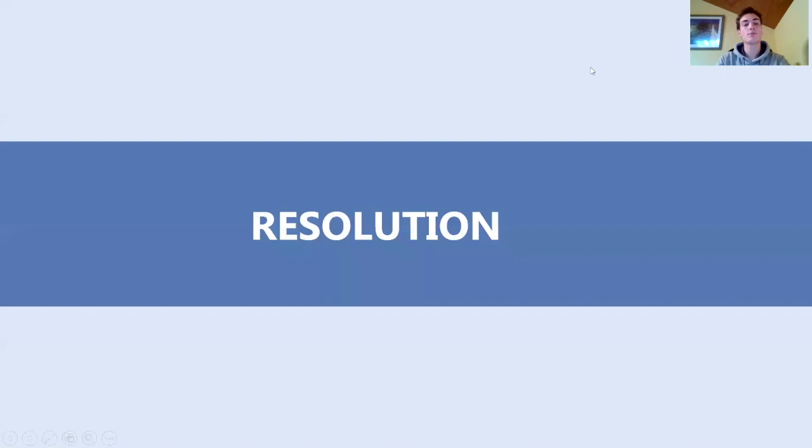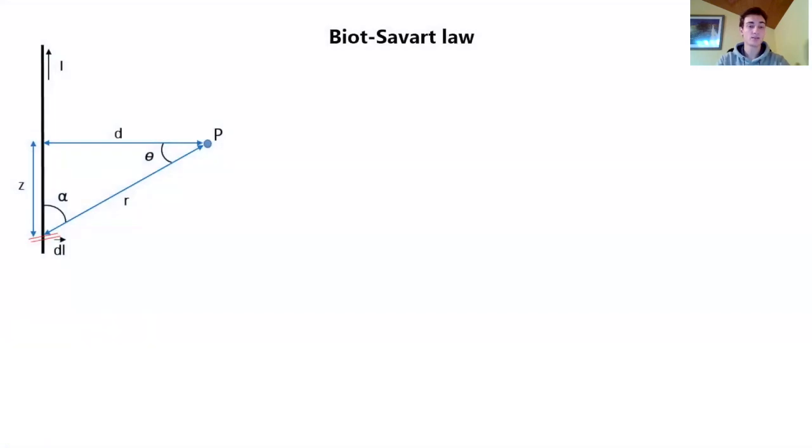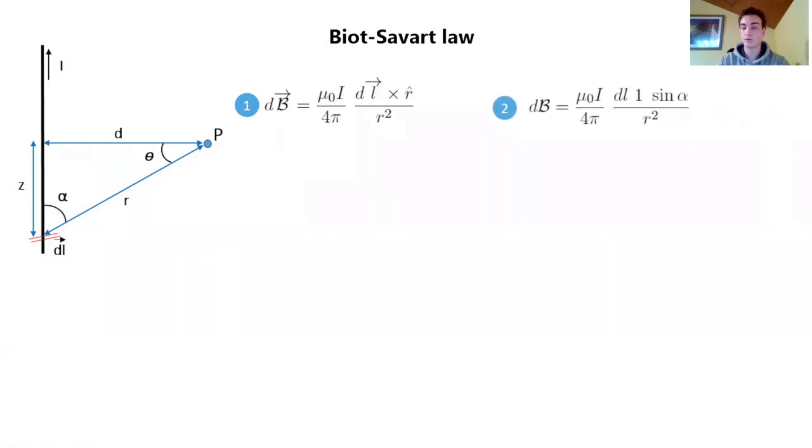Okay, so now going through the resolution, we're going to develop the Biot-Savart law. That basically tells us that we can calculate the magnetic field created by a small piece of wire at a point P, which is at a distance r. Beginning with this equation, we can switch to the second equation that is working with modulus.